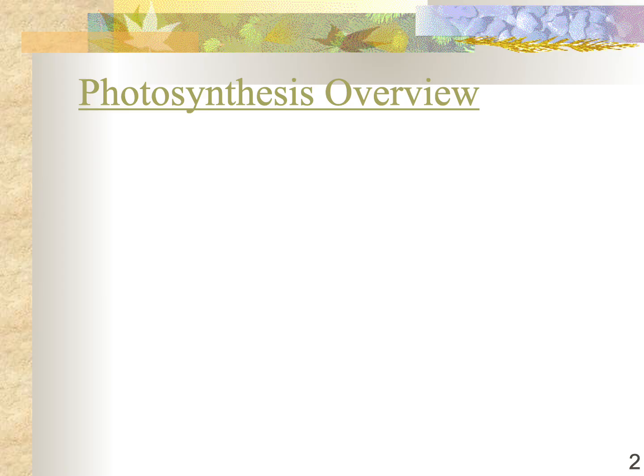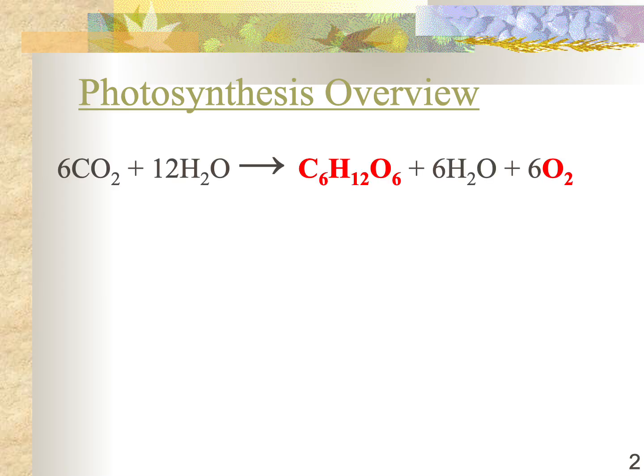Okay, so we're going to just review photosynthesis. In photosynthesis, carbon dioxide and water, with the help of chlorophyll and light energy, is turned into glucose and oxygen, as well as a little more water.